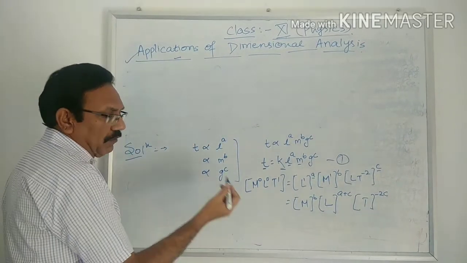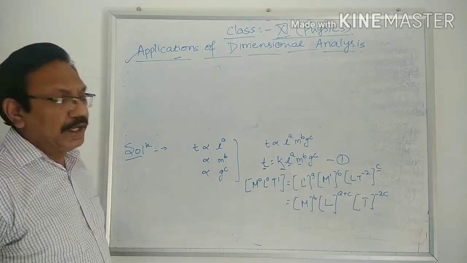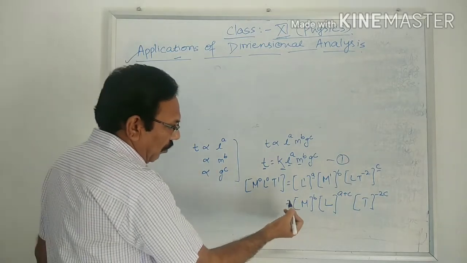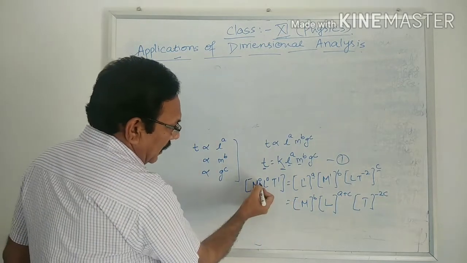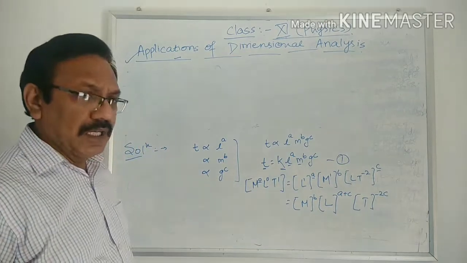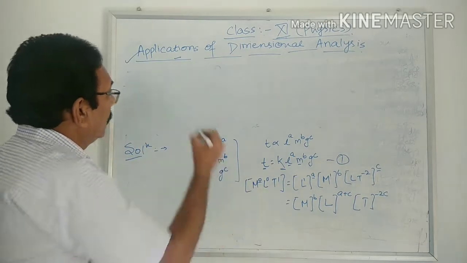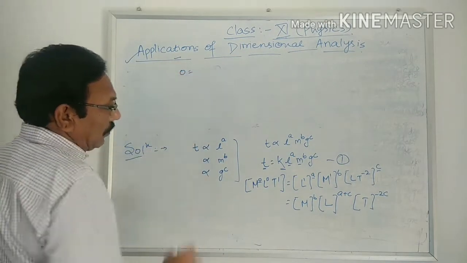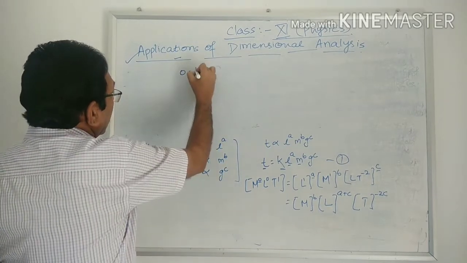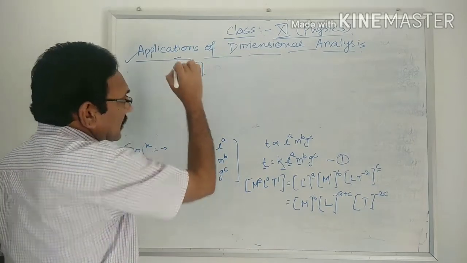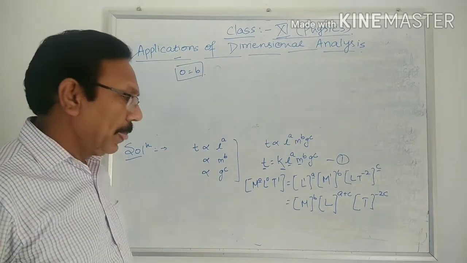On comparing the powers of M, L and T on both sides, on the left hand side the power of mass is 0. So 0 equals B. The value of B is 0.